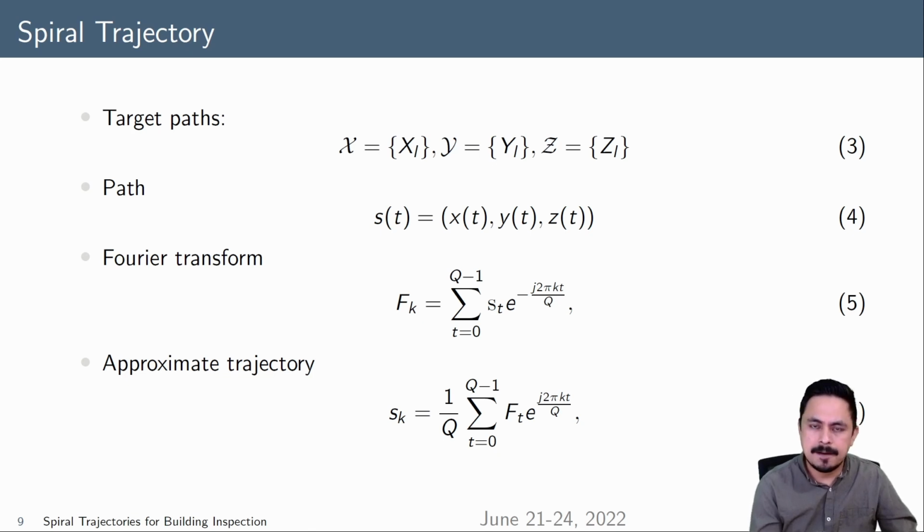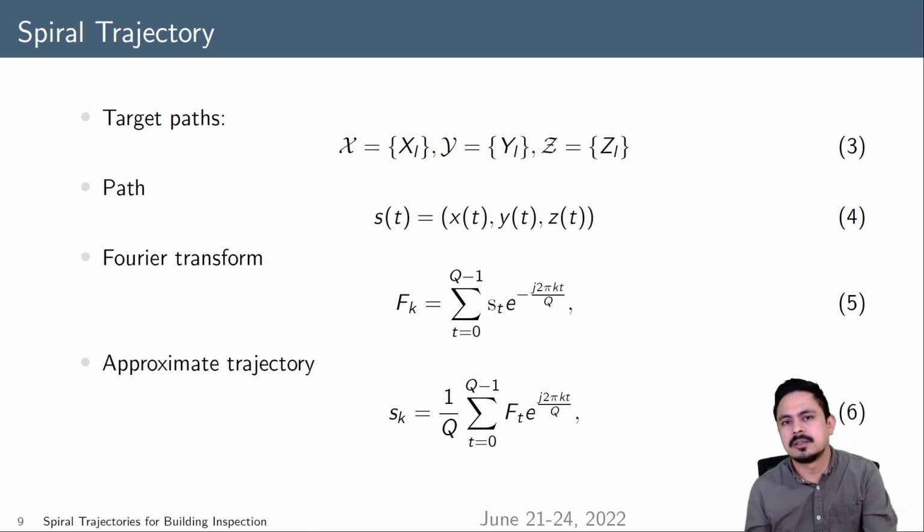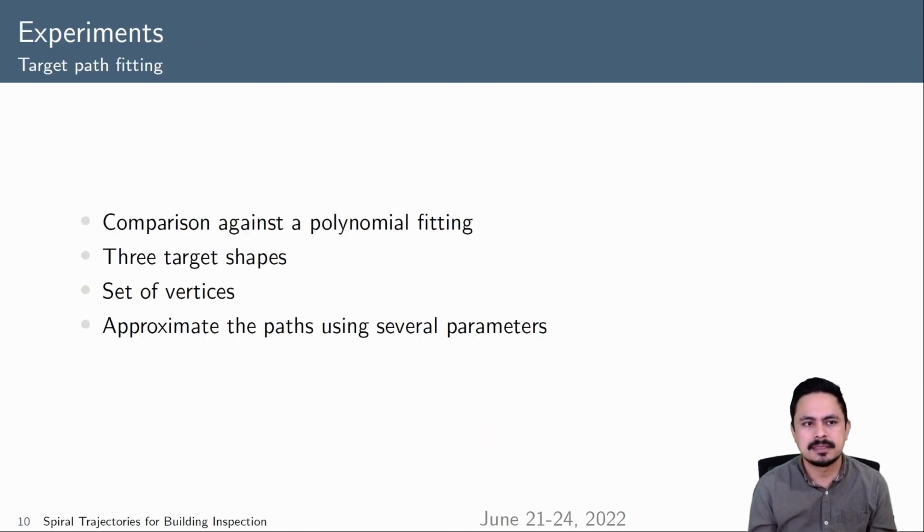So, a filtering of signals can be applied in order to smooth the trajectory. Once we have selected the components, we return the frequencies to the workspace domain or to the time domain using the inverse Fourier transform. And this is mainly the proposed method.